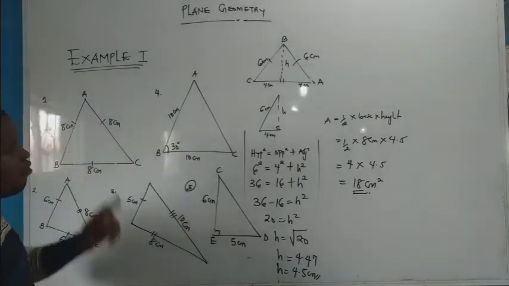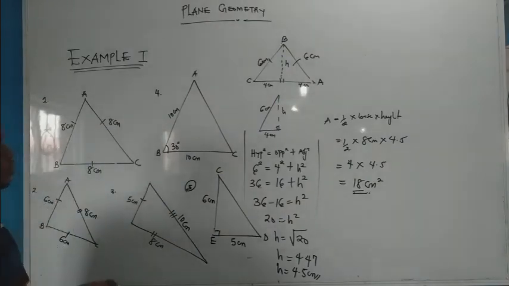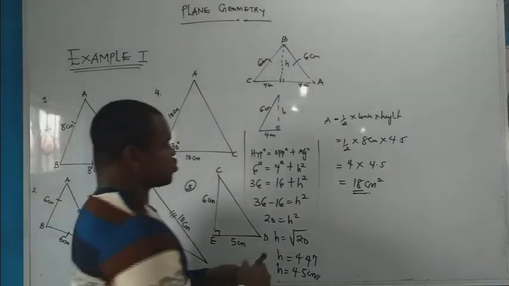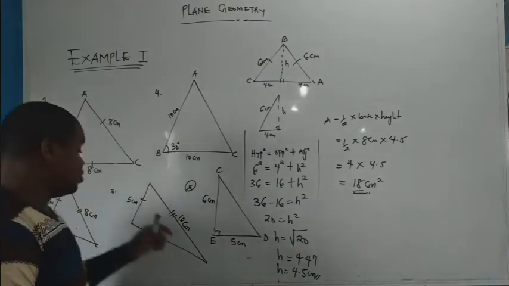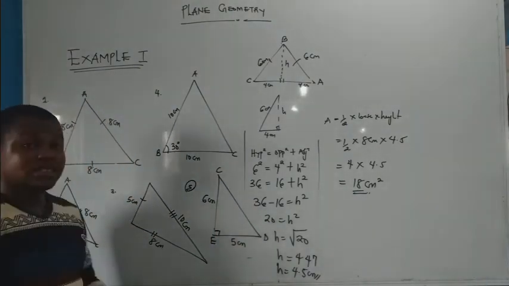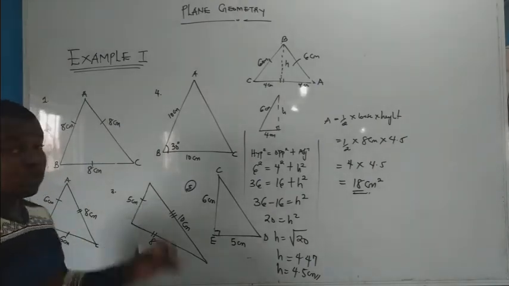There is still one more formula, which is called Heron's formula. Now, Heron's formula is only applied when the triangle is a scalene triangle, having unequal sides.